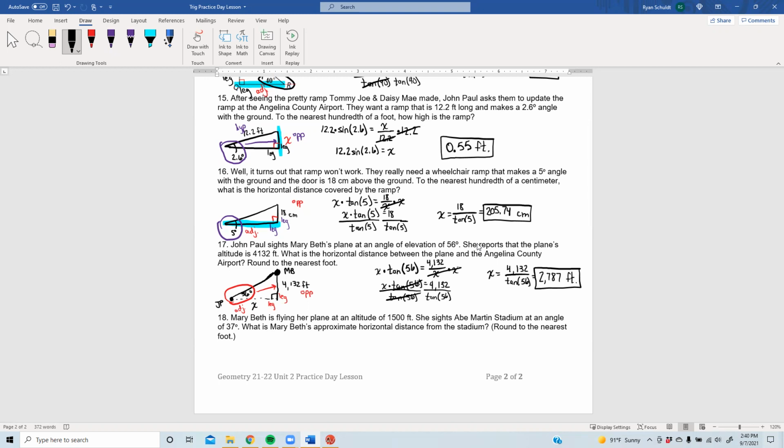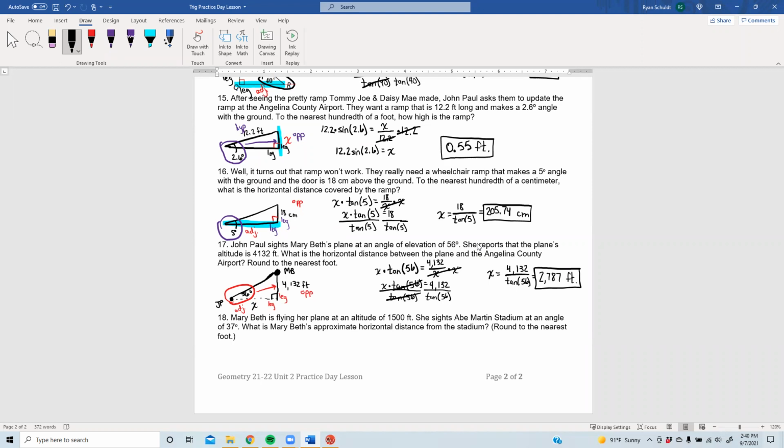Okay. Last one. Mary Beth is flying her plane at an altitude of 1,500 feet. She sights Abe Morton Stadium at an angle of 37 degrees. What is Mary Beth's approximate horizontal distance?